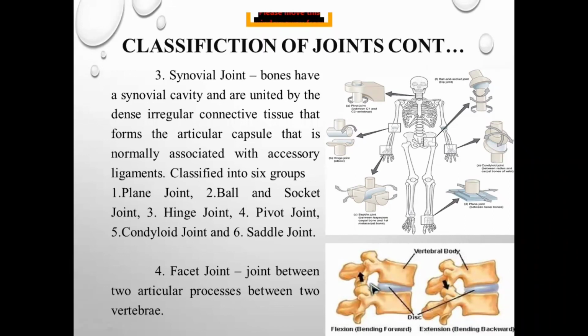See how this joint is going to move during bending forward and bending backward of your vertebral column; these joints will be moving upward and downward. So these are the different classifications of the joints.